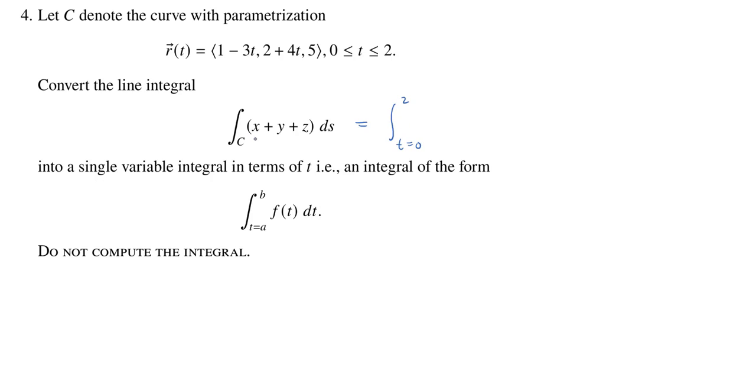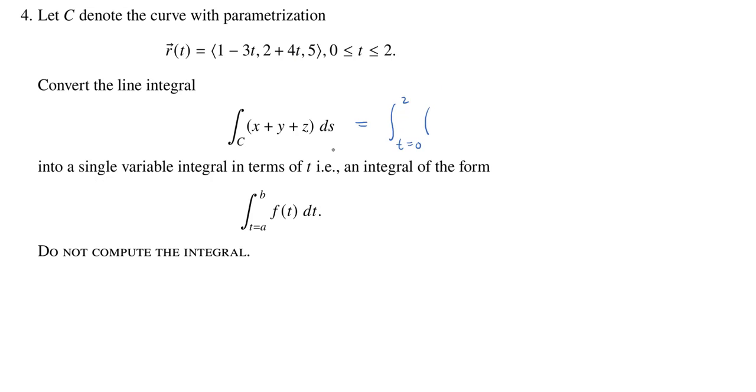Working further, we want to evaluate this function on the curve. All we care about when we compute a line integral is the values of the function along this curve. And we know that every point on the curve is given by this parameterization. So the x-coordinate is 1 minus 3t, the y-coordinate is 2 plus 4t, and the z-coordinate is 5.